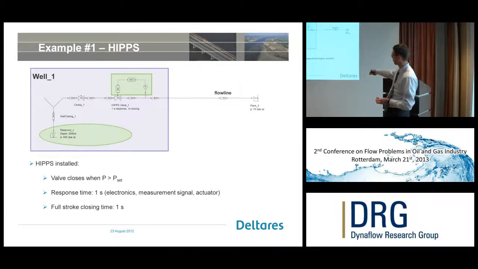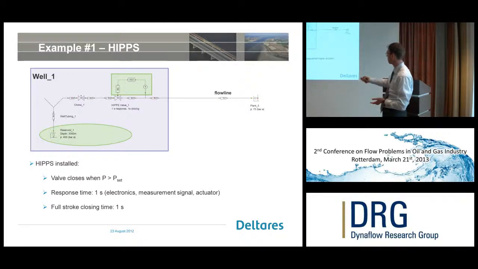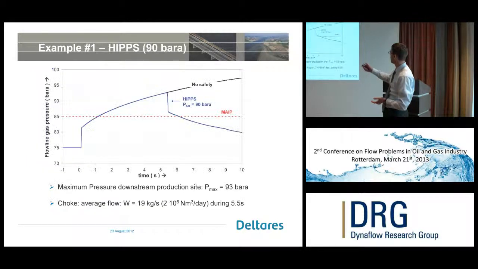So there's also some time involved with that, and we take a response time of 1 second. So a total closing time of 2 seconds for a HIPS valve is generally accepted for these valves. And then what happens?